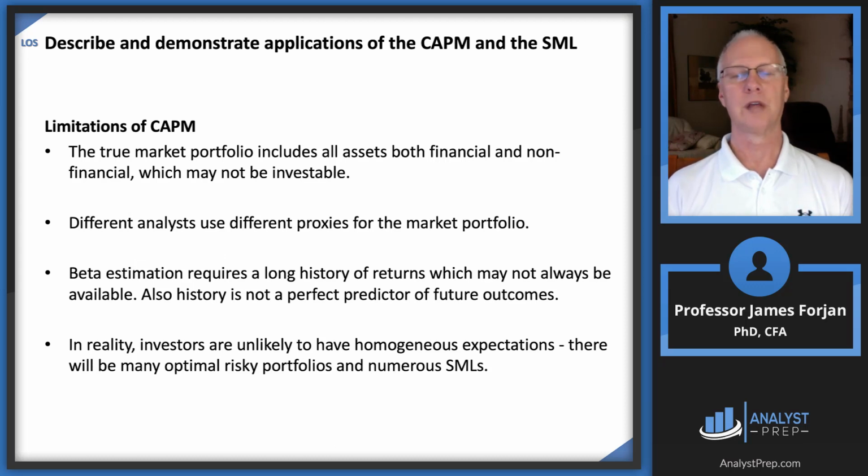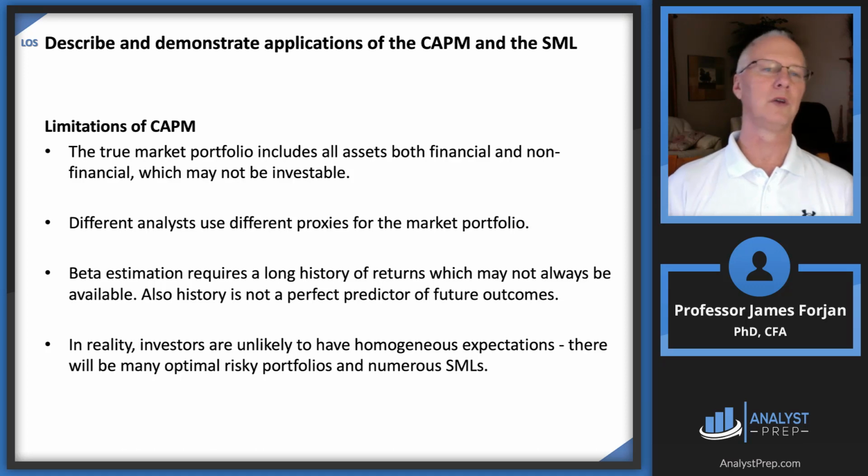Now, of course, the capital asset pricing model is not perfect. It has some limitations. William Sharpe relied on this notion of the true market portfolio, which contains all securities and financial assets and non-financial assets that are out there. Sometime after the capital asset pricing model was introduced, there was a guy named Richard Roll who came out with his Roll's critique.